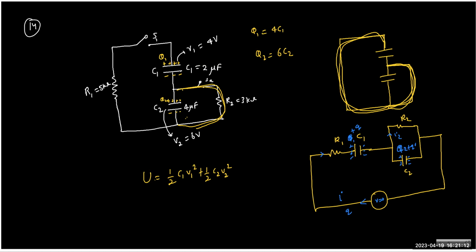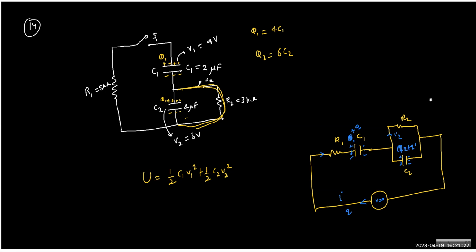There are many equations that I need to write here, and this should be solved logically by some trick as far as I remember. Right, KVL. So for this circuit, you can write I2 R2 must equal to this.